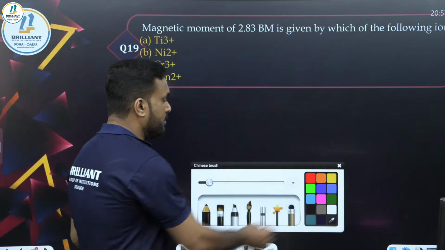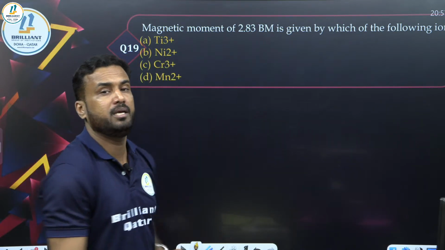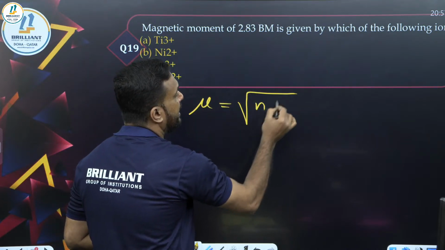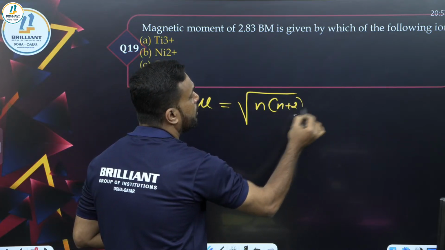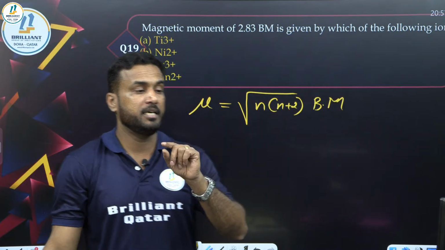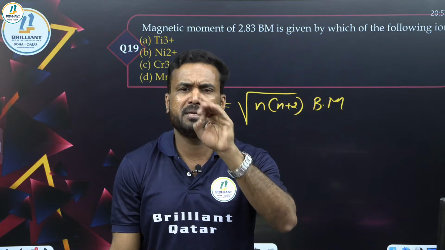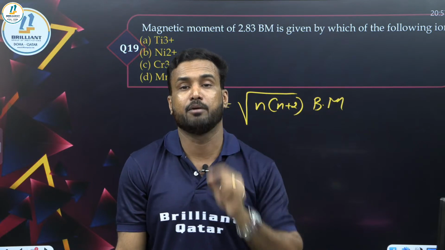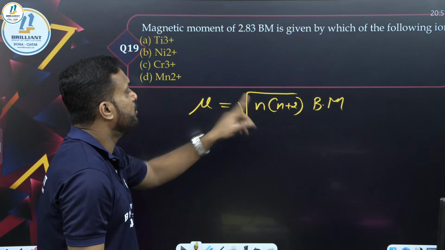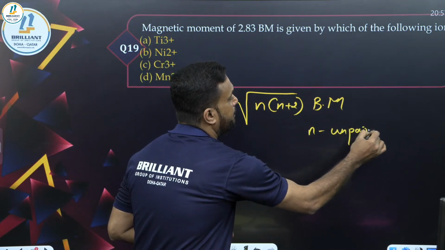We discussed this in the chapter: spin-only magnetic moment mu is equal to root of n into n plus 2. Bohr magneton is the unit. This is the equation to find the spin-only magnetic moment of an atom or metal ion, where n is the number of unpaired electrons.